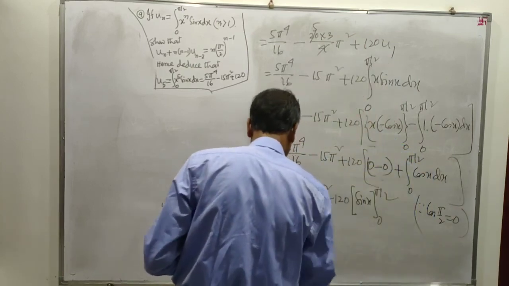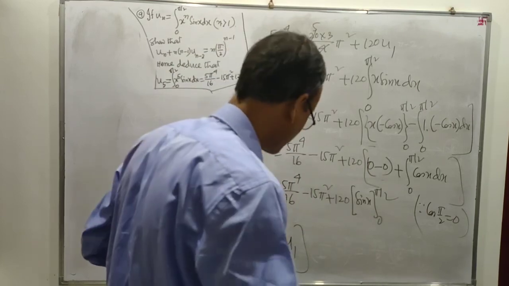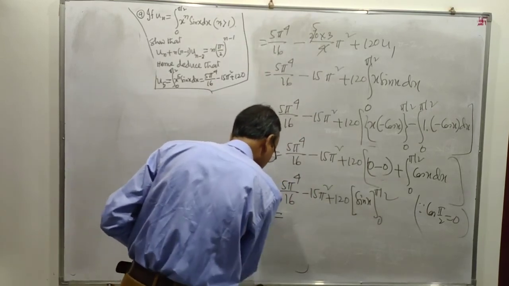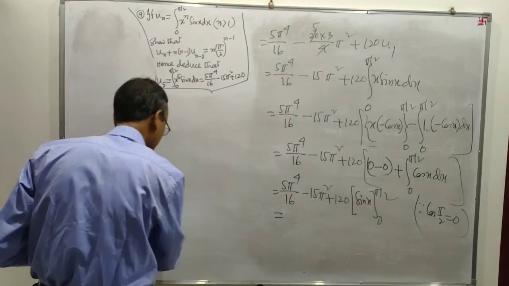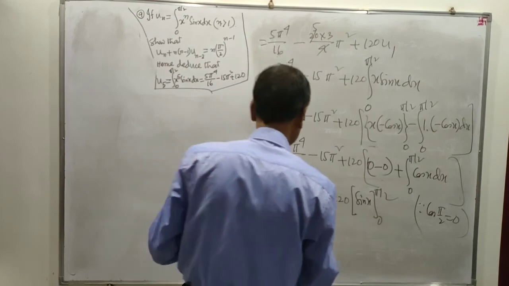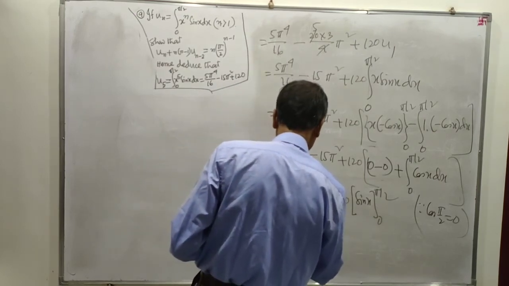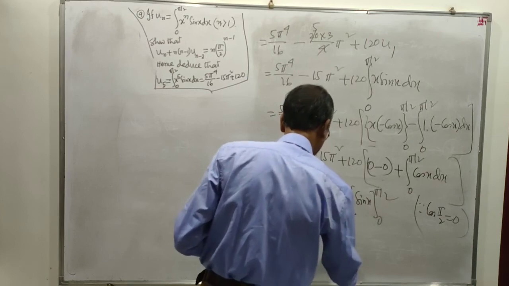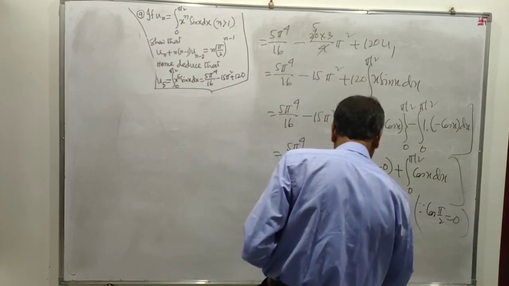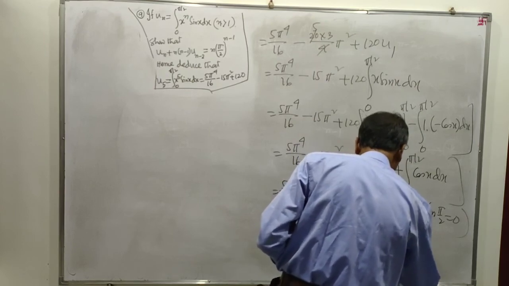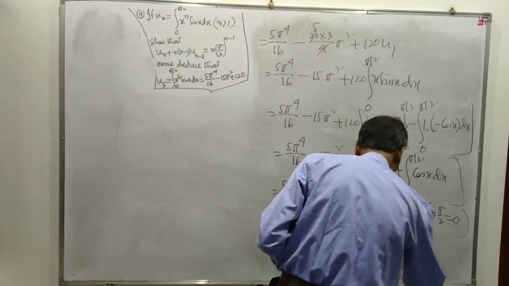This is equal to 5 pi to the power 4 by 16 minus 15 pi square plus 120 into sin pi by 2 minus sin 0.